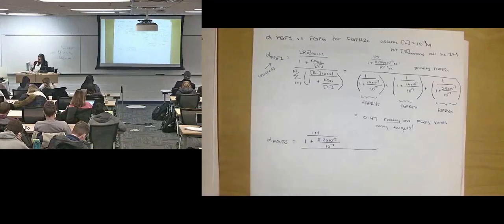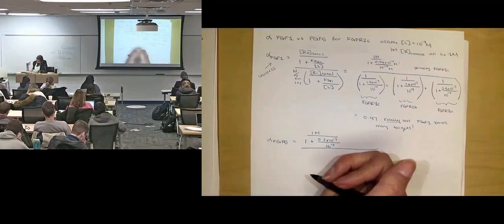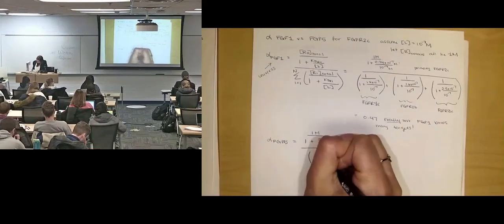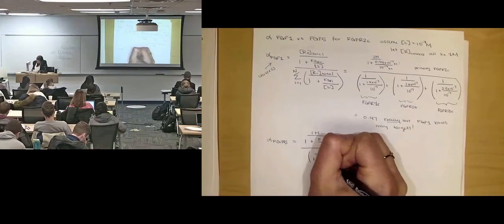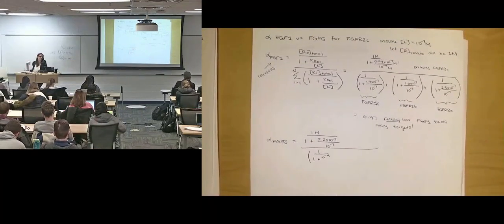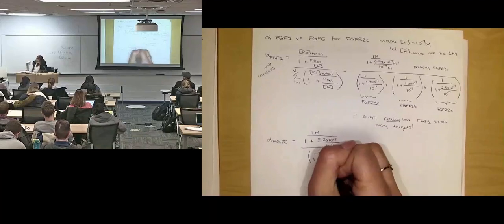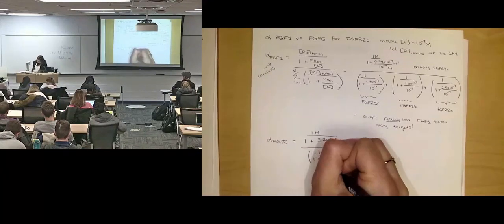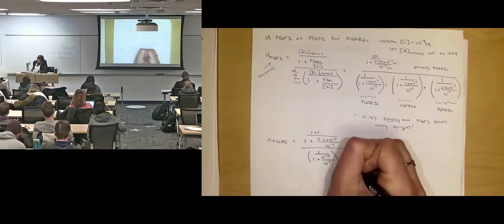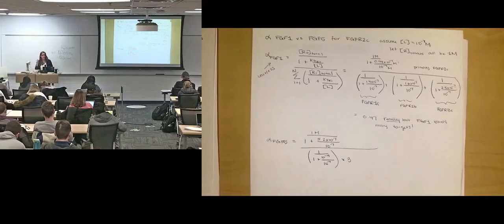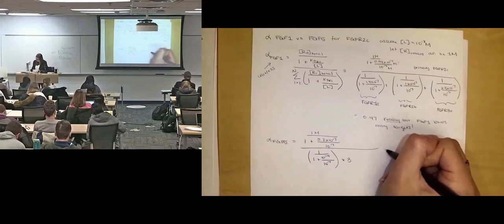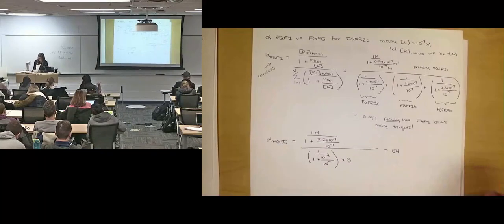And the bottom, all of the other ones were non-detectable, okay? So we have 1 over 1 plus, we said to use 10 to the negative 4th as the KD when we have ND or non-detectable, okay? Over 10 to the negative 7th, okay? Times 3, all of our off-target receptors were the same. None of them were binding at a detectable level. If you plug this in, you should get 54, okay?